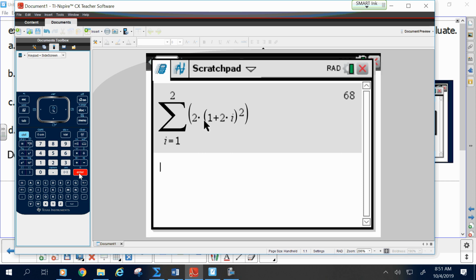Those are i's. Those represent how many deltas you've gone over. And in summation notation, this here is the first i used, and I think you'll agree that the first one we used was an i of 1. This here is not the end of the region, it's the last i used. And the last i we used was 2. That's why it's 2, not 5. Does that make sense? Okay.